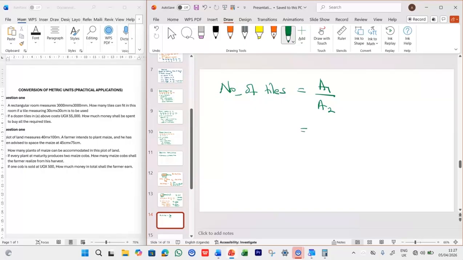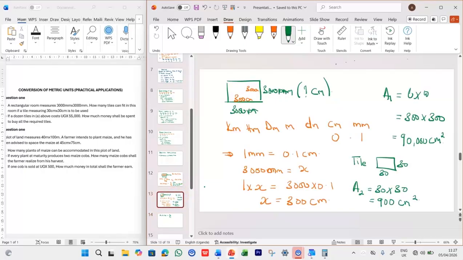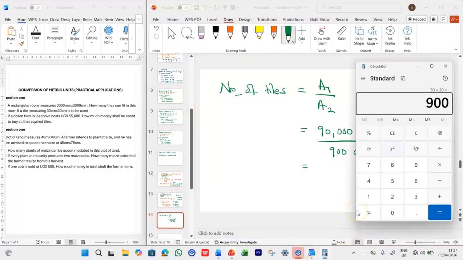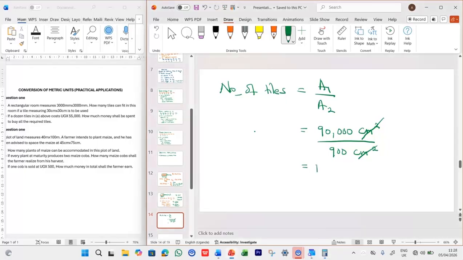That is 90,000 centimeters squared over 900 centimeters squared. The units cancel, and 90,000 divided by 900 is 100. So we are getting 100 tiles.